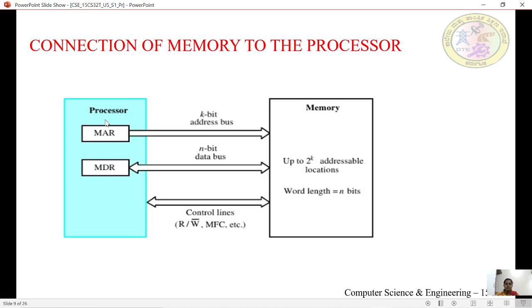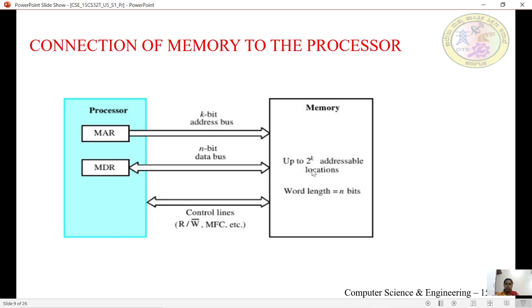A processor consists of many components like MAR, MDR, PC, register set, ALU, etc. But here we are looking only at MAR and MDR. MAR is the memory address register and MDR is the memory data register. MAR is used to hold the address and MDR is used to hold the data, and this is the memory.